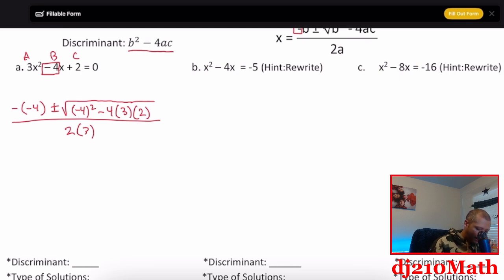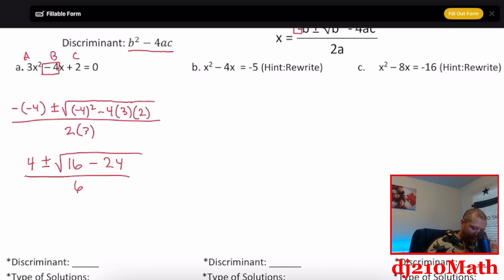So negative times a negative is a positive. So +4 plus or minus. Okay, -4 squared is 16. Minus 4 times 3 times 2, 24. All over 2 times 3, which is 6. All right. 16 minus 24.